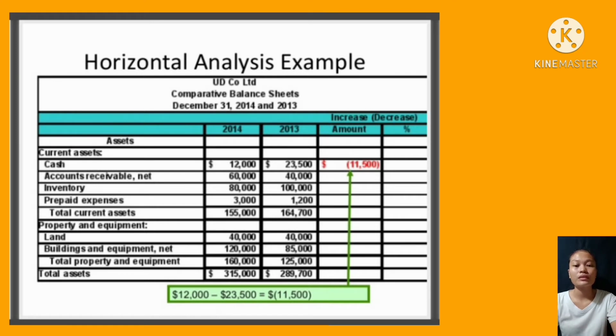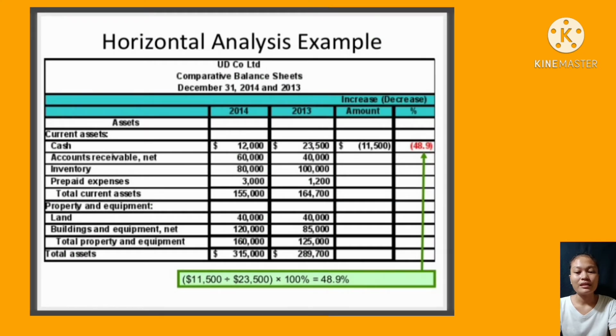It decreased, and $11,500 was the value of our monetary amount. Next, calculating percentage change, that would be $11,500 divided by $23,500 times 100%, which is equal to 48.9%. That would be the value of percentage change.